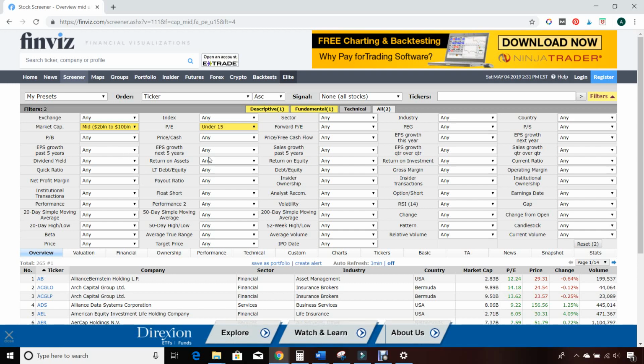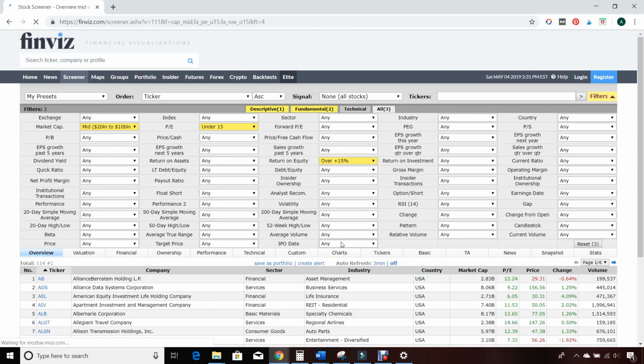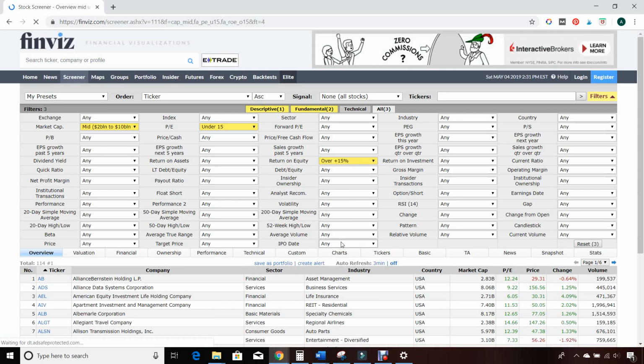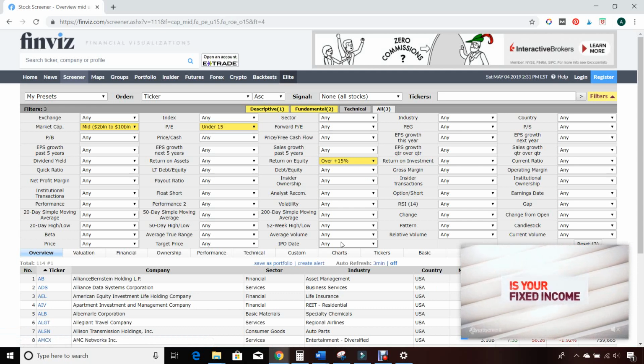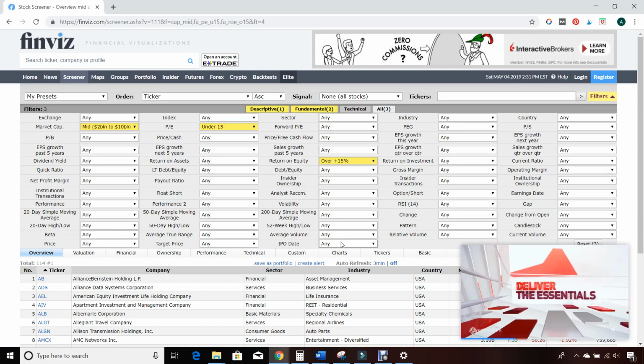In terms of value stocks, other than the valuation, something else that I like to look at is the return on equity. Return on equity is actually one of the preferred metrics that Warren Buffett uses when he's looking at value stocks for his own portfolio. So that's what I like to use.